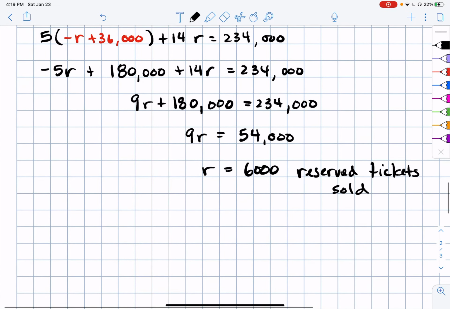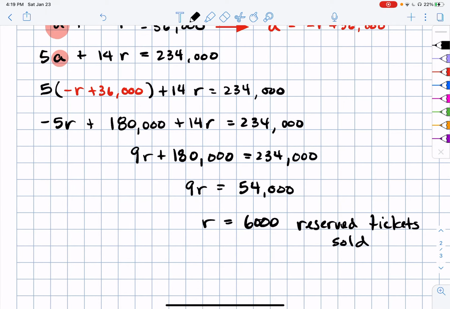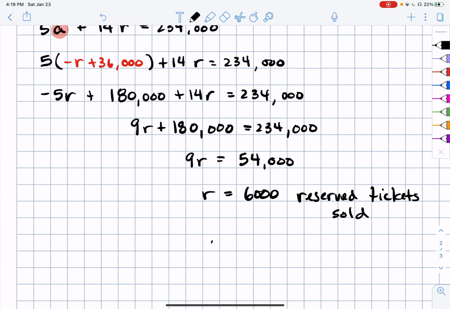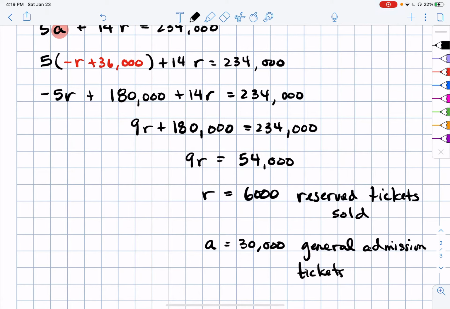Okay, so if 6,000 reserve tickets were sold and a total of 36,000 tickets were sold, that means my general admission tickets would be 30,000 tickets sold.